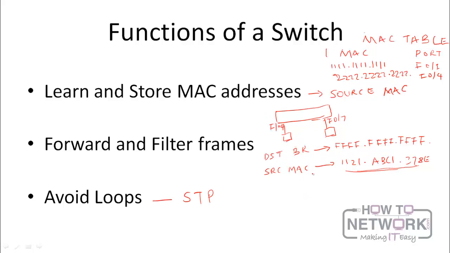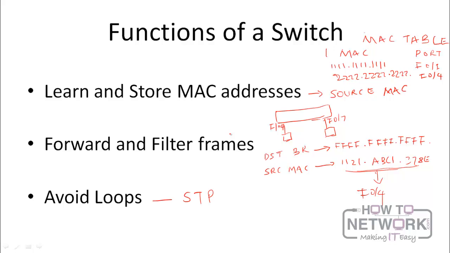So it goes to its MAC address table and then ties this MAC address to Fast Ethernet 0/4. Now the destination MAC address is broadcast and it does not know which destination it is. So what it does is that it forwards it to all the ports except the port that it learned it from. So every port, from Fast Ethernet 0/1 to Fast Ethernet 0/3 and all the way to Fast Ethernet 0/24 if it's port 24, except Fast Ethernet 0/4, all receive the ARP broadcast asking for the MAC address.